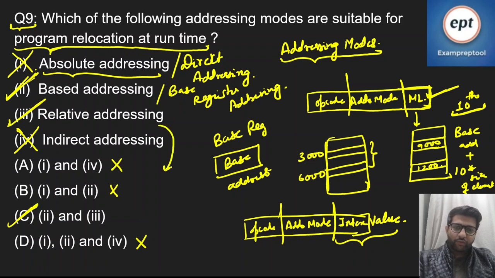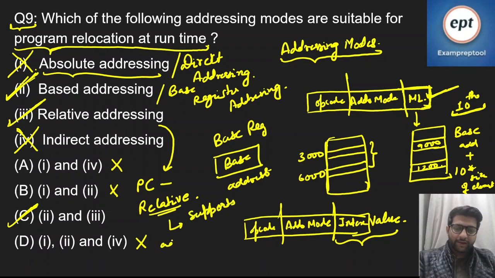So I'm leaving this for homework. Try to revise what the PC relative addressing mode is. Here we have worked out why these addressing modes do not support program relocation. Try to work out why PC relative addressing supports it.